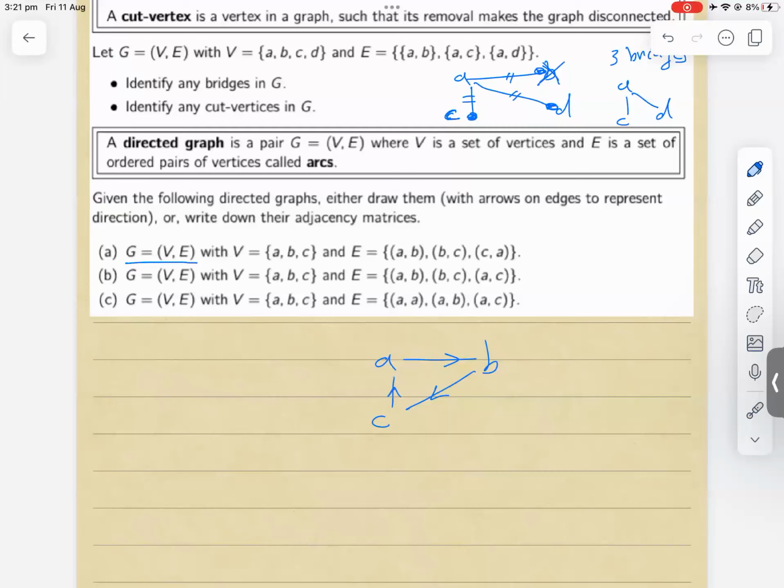So can I write the adjacency matrix like this one.